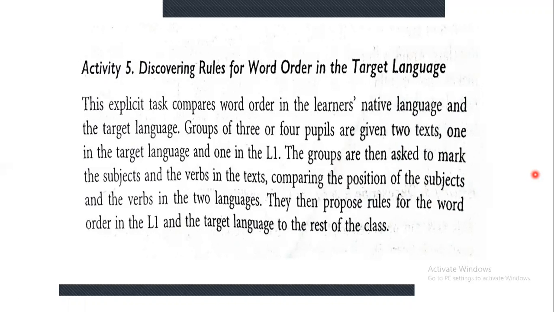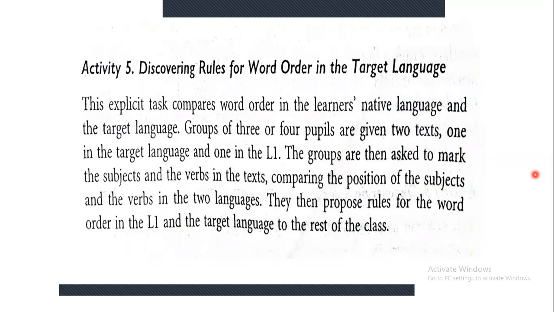Activity 5. Discovering rules for word order in the target language. This explicit task compares word order in the learner's native language and the target language. Groups of 3 or 4 pupils are given two texts, one in the target language and one in the L1.